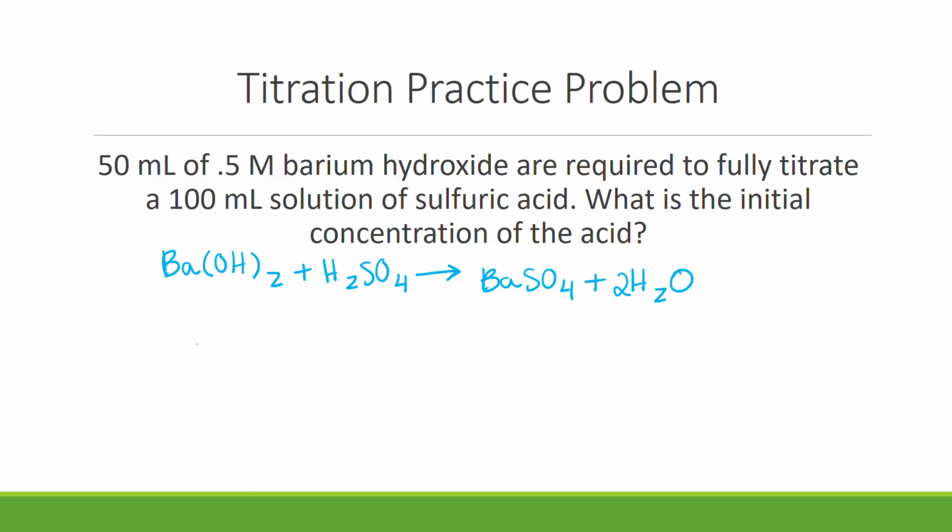Okay, so let's see here. We have 50 milliliters and we have a 0.5 molar solution. And we also know that we have 100 milliliters of the acid. In order to solve this problem, we're going to use molarity equals moles over liters. It's important to know this formula because this is a basic stoichiometry problem.